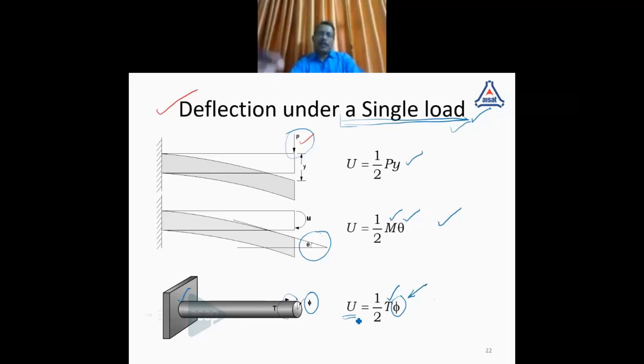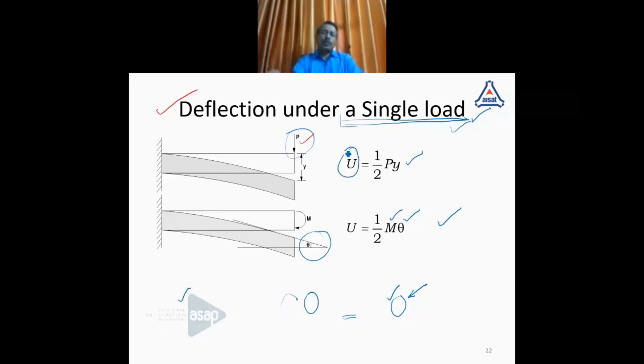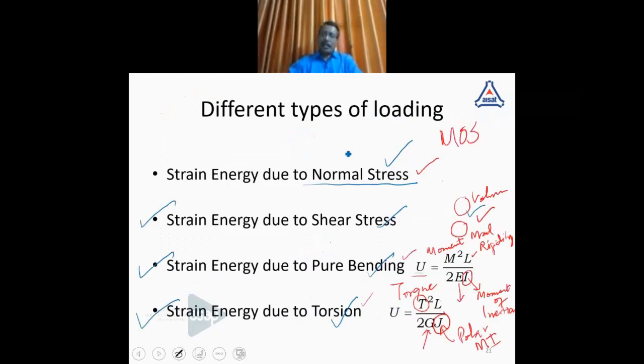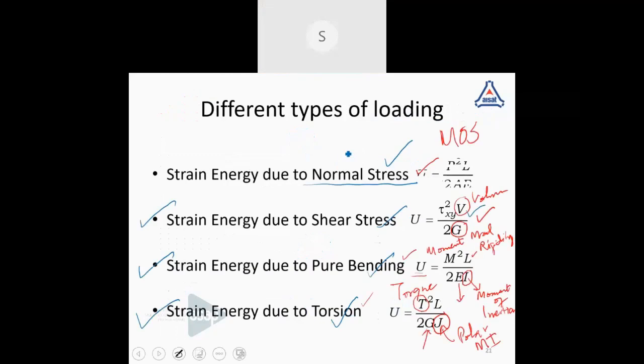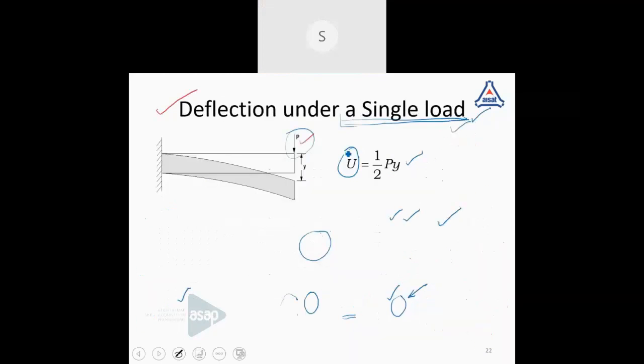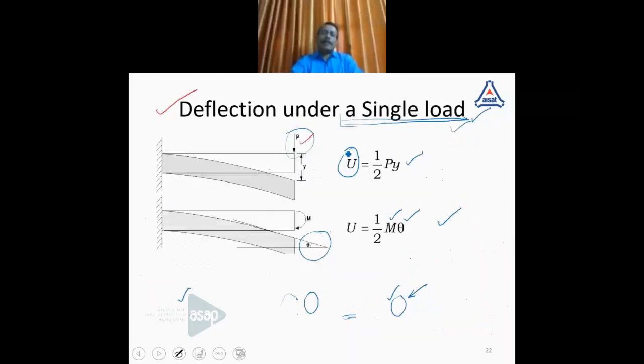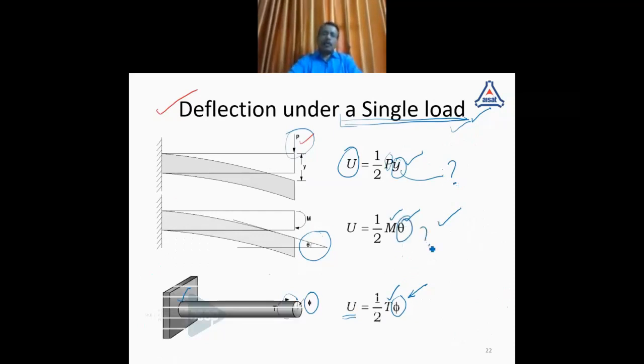Once a problem is given, we can determine U using the expressions which we have developed earlier. Then P, the applied load, is known to us. Using that, Y can be determined, or theta can be determined, or phi can be determined.